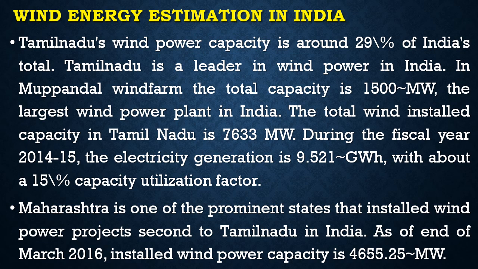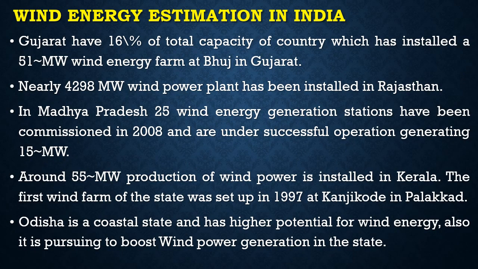Maharashtra is one of the prominent states that installed wind power projects, second to Tamil Nadu in India. As of the end of March 2016, installed wind power capacity is 4655.25 megawatt. Gujarat has 16% of the total capacity of the country, and has installed a 51 megawatt wind energy farm in Bhuj.